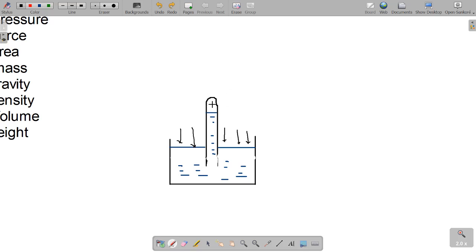Okay, so here, let's say you have a height H. Yeah, so you know the density of the fluid.